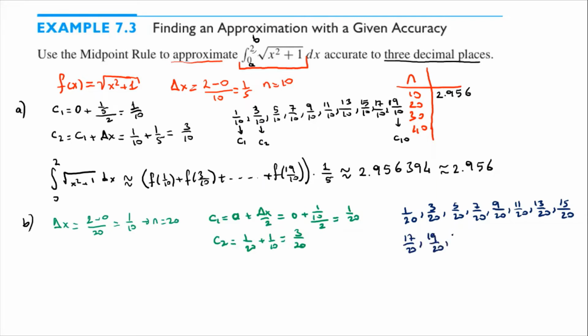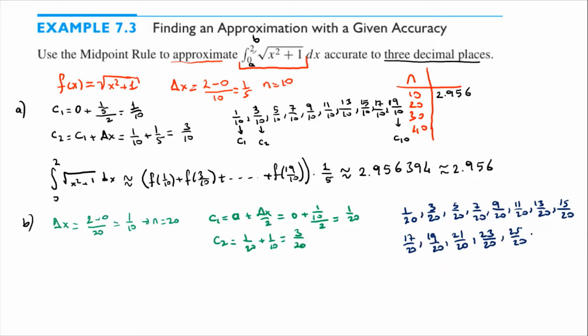21 over 20, 23 over 20, 25 over 20, until 1, 2, 3, 4, 5, 6, 7, 8, 9, 10, 11, 12, 13.